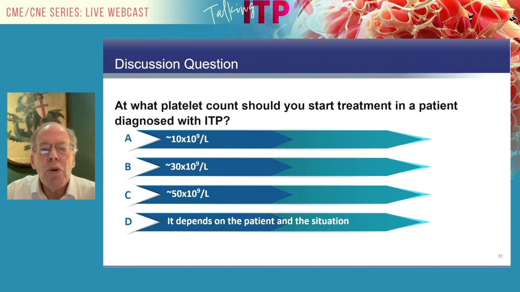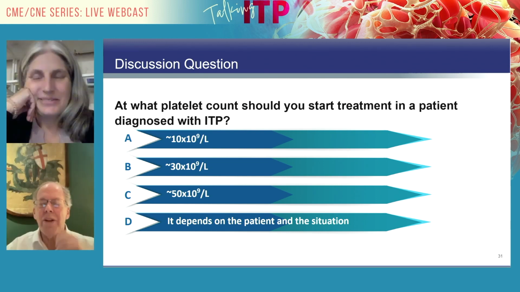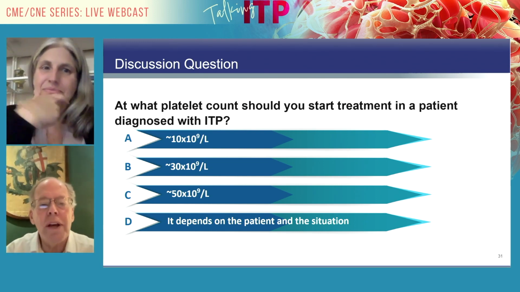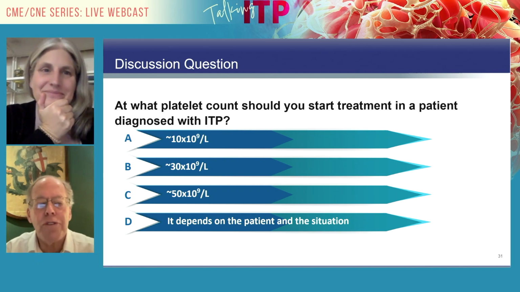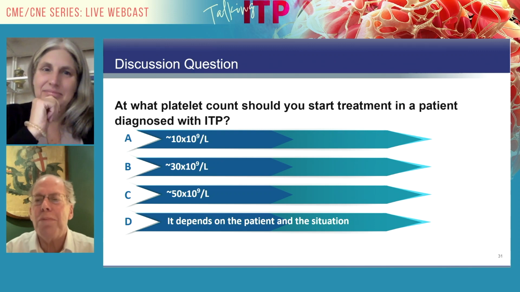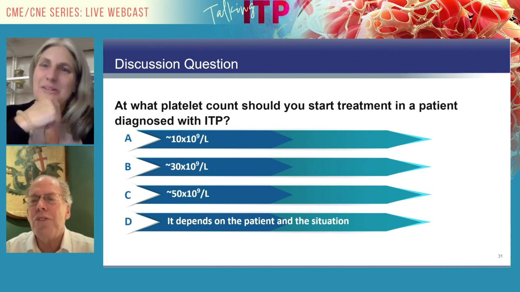So next polling question: at what platelet count should you start treatment in a patient diagnosed with ITP? Is it when it's 10,000 or less, 30,000 or less, 50,000 or less, or does it depend on the patient and the situation? And Cindy, I think if you were answering this because your specialty is in kids, you would probably say it doesn't depend on the platelet count at all.